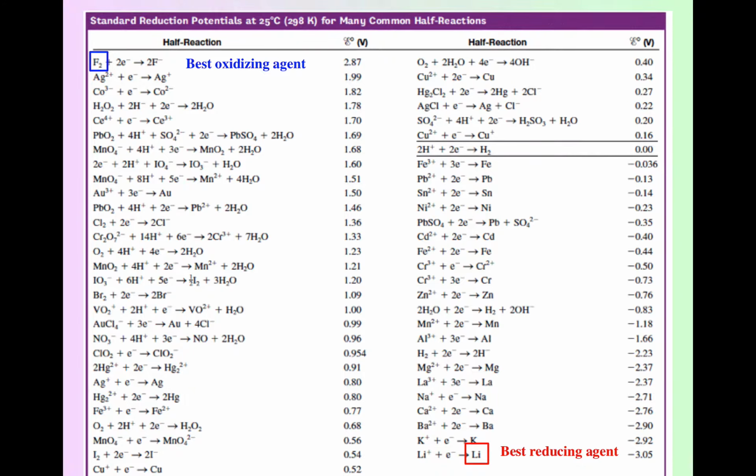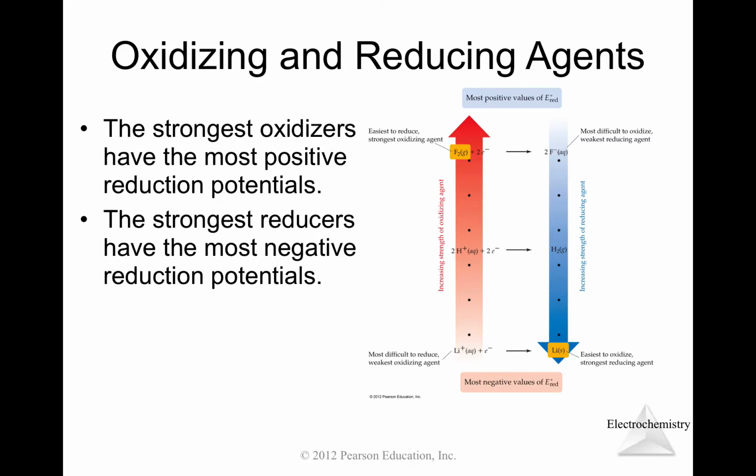Fluorine is the best oxidizing agent on our chart here, right? So this is a kind of truncated chart. Strongest oxidizers will be the most positive. The strongest reducers will be the most negative as far as reduction potential goes. So lithium, the easiest to take electrons off of. Fluorine, the one that generates the most voltage when it takes electrons.